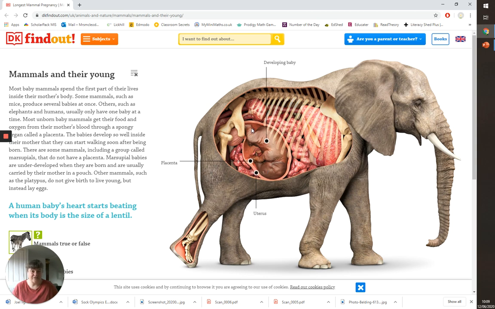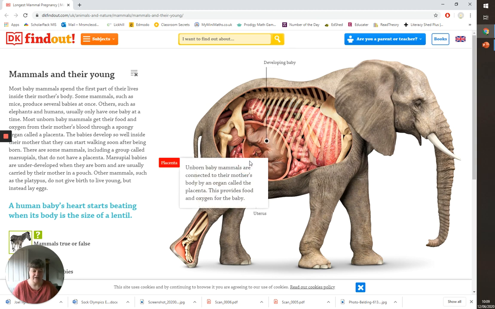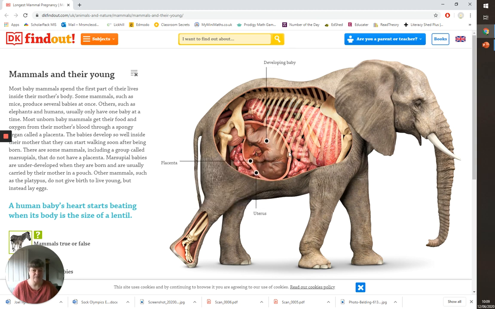One of the advantages of it being kept inside the mother and not born too soon is that the mother can move around and go to where there's food and travel to water, and the baby goes with her and is all safe inside. So the baby keeps developing in there. If you want to go to this page, there's a link on the slide, and you can click on here and find out a little bit more about those if you want to.